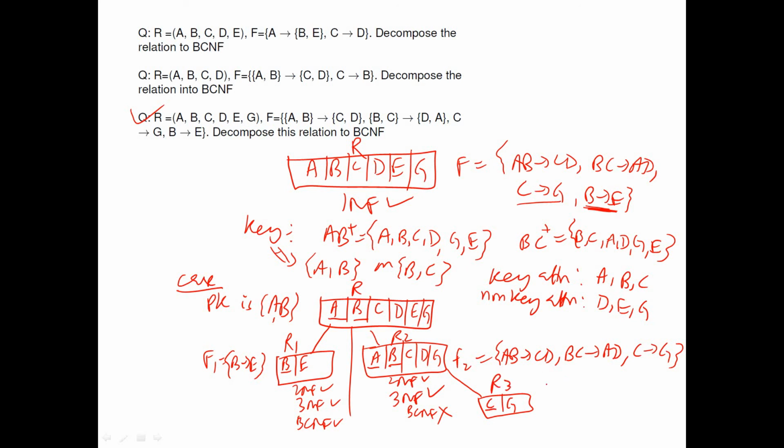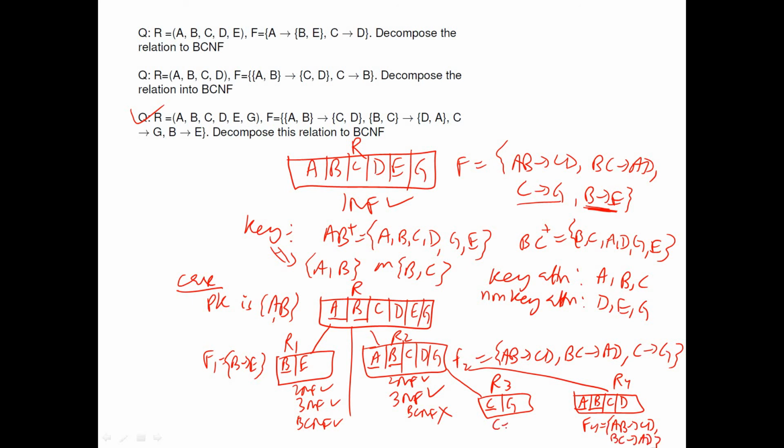Let it be R3, and the other details are available in R4 containing A, B, C, and D. AB is the key, so F4 will contain AB to CD and BC to AD.